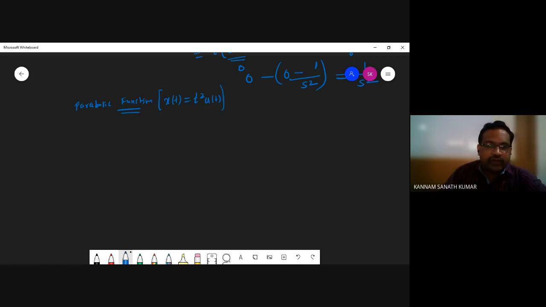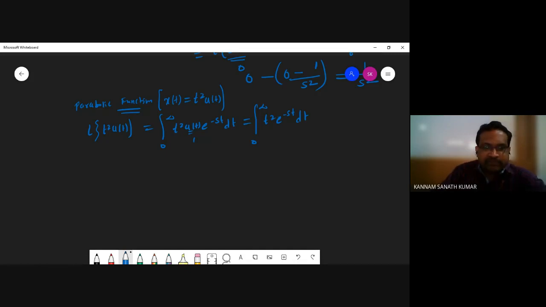So the Laplace transform of t square into u of t is equal to integration 0 to infinity t square into u of t e power minus st dt. From 0 to infinity, u of t is 1, so integration 0 to infinity t square into e power minus st dt.